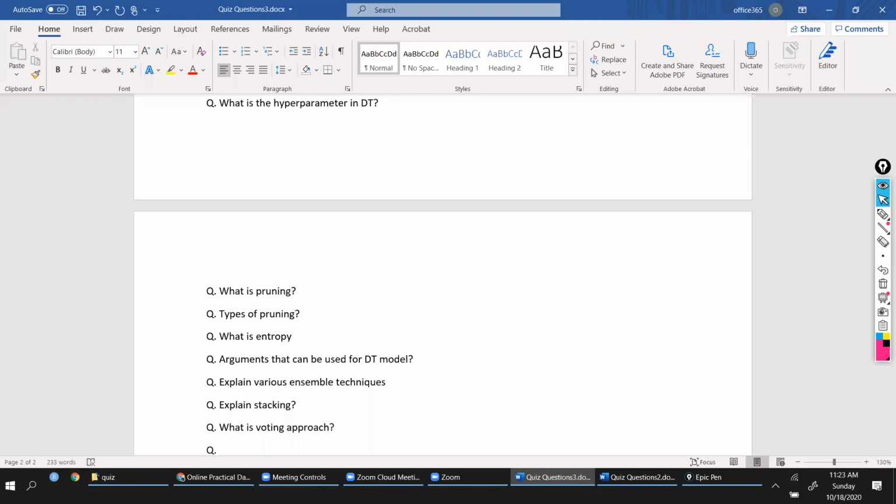Right. Next. What is random forest, or how is random forest different from bagging?